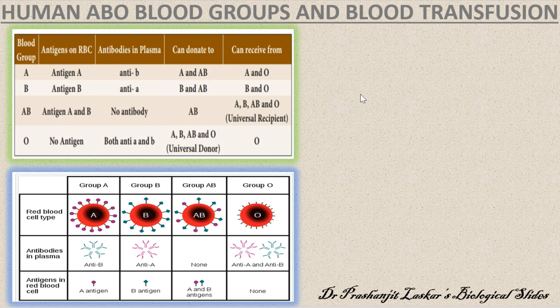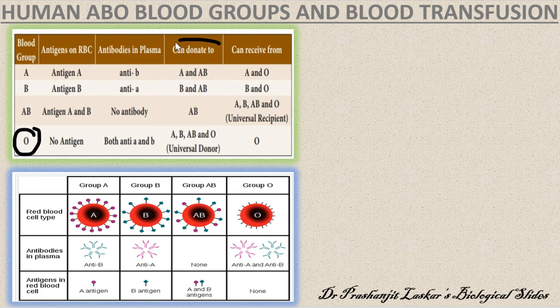If small quantities of blood are introduced, blood transfusion is successful only if the plasma of the recipient's blood does not contain antibodies against the donor's antigens, or the donor's blood has no antigens. It means blood from O, here you can see, can be given to persons of all four blood groups.